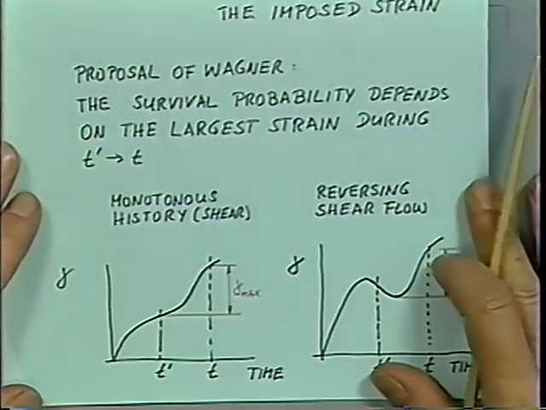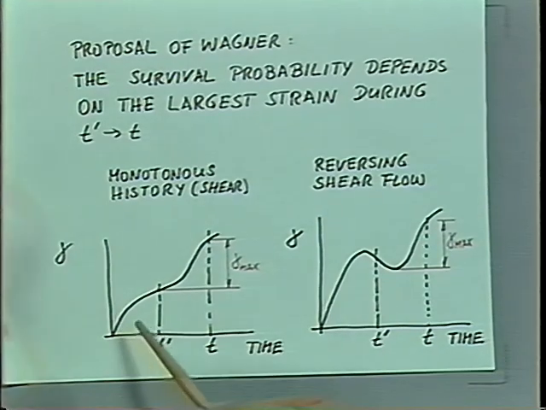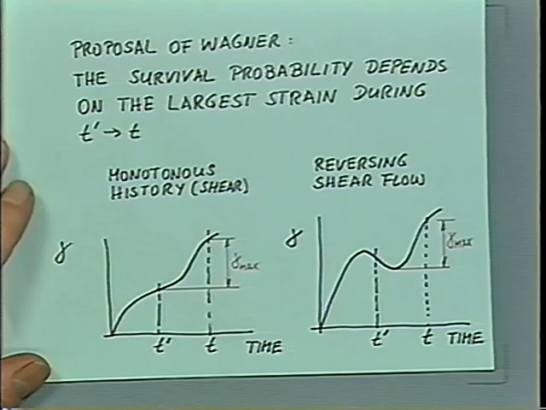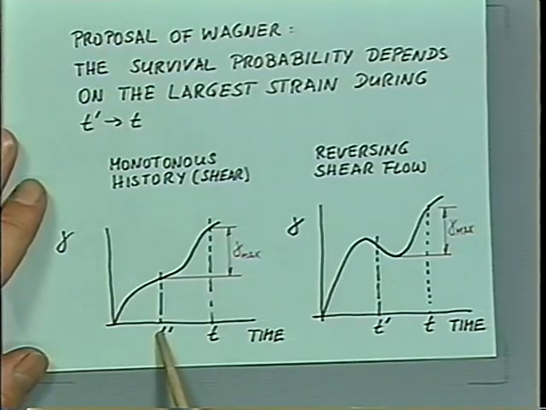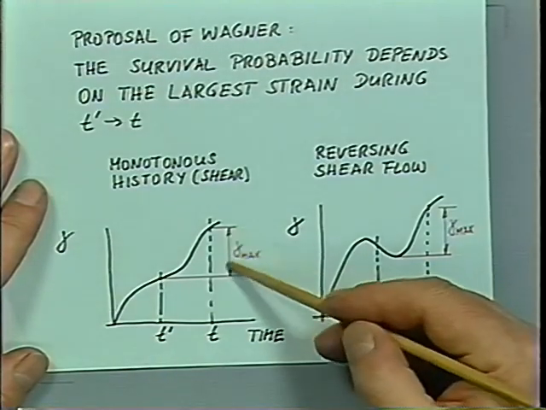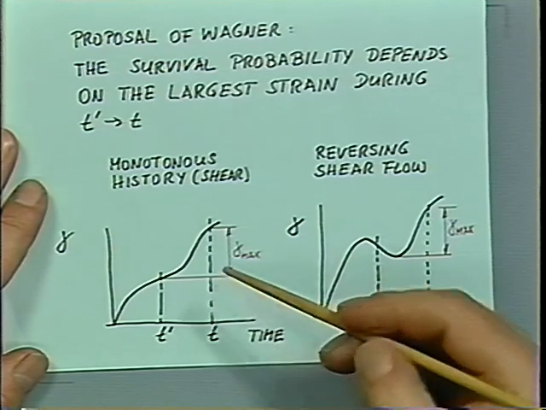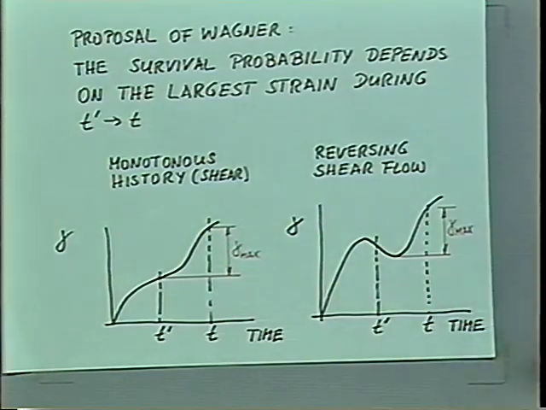If the flow is with a monotonously increasing strain, like I plotted here, you can take two times, say time t, where you want to have the stress, and a previous time t prime, and the maximum strain which occurred to this material is just given by the strain between t prime and t. That's the maximum strain you're getting in that system.